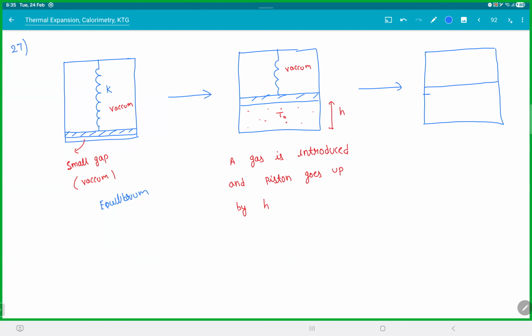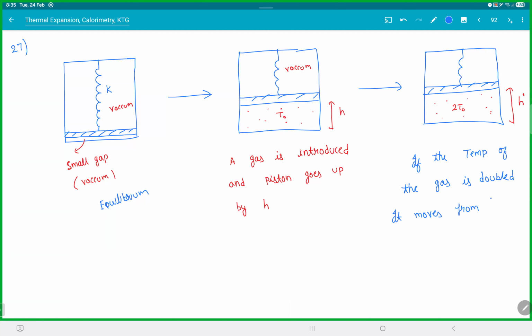Somehow you gave some heat to the gas and increased the temperature. When the temperature of the gas doubles, the height becomes h dash. Keeping all other things the same, the number of moles is the same. You're not messing with the amount of gas. Find h dash.